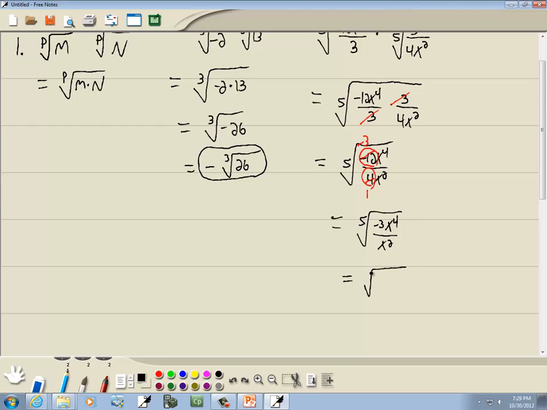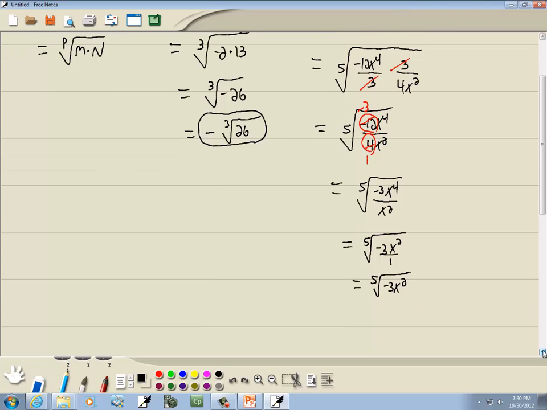When I say larger, I'm talking about the exponent. So we got -3 x squared over 1. Which gives us the fifth root of -3x squared.